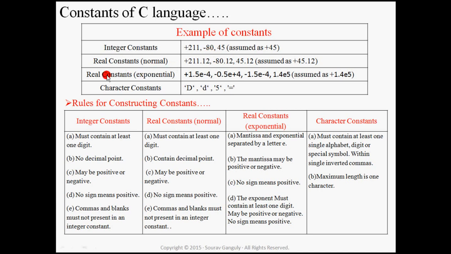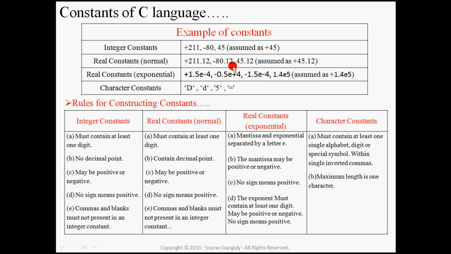Now come to the real constant. A real constant has two types. The first one is the normal case, the second one is the exponential case. The normal case means it will contain a decimal point and no e. 45.12 is a float value, or we can call it a real constant.